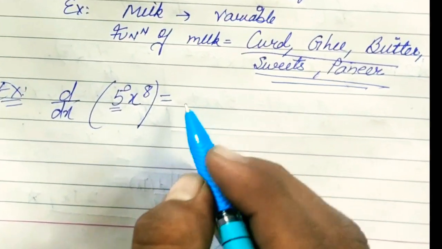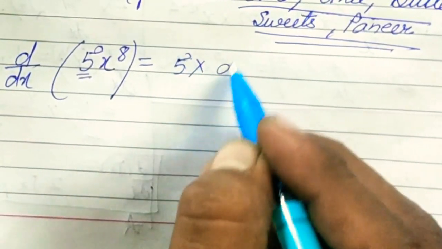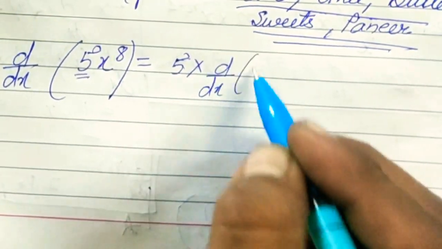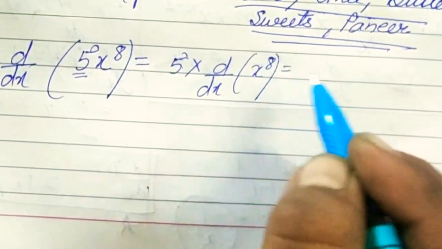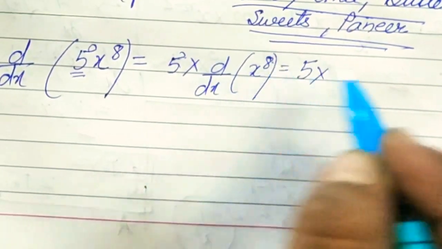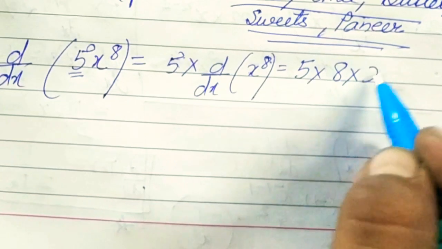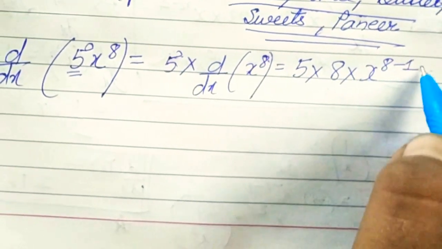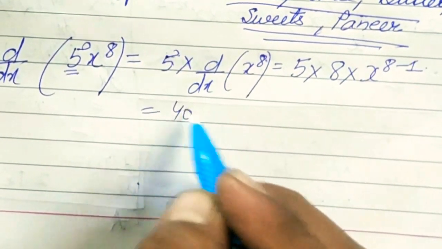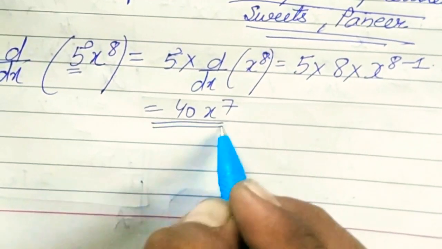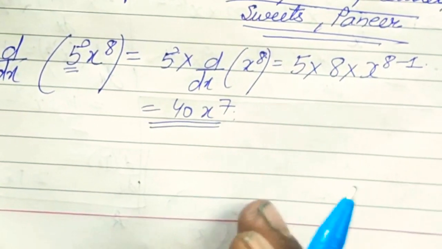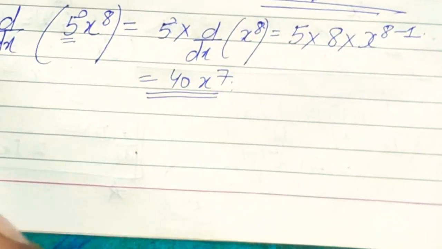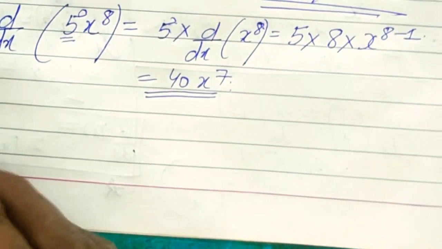We can bring out 5, then we have to differentiate x to the power 8. So what will be the answer? x to the power 8, power bahar और x की power 1 कम. So it will become 40 into x to the power 7. This is the formula number 3. Now let's say example number 2.